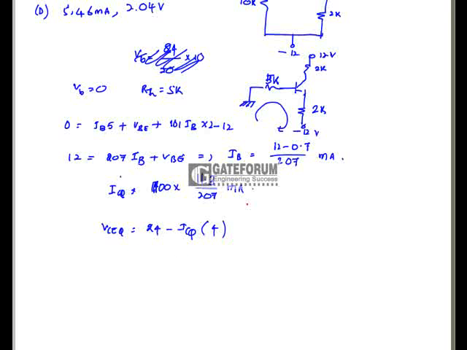So from this, ICQ and VCEQ is given as 5.459 milliamps. So 5.46 we can take approximately. VCEQ is 2.04 volts, that is option D is correct.